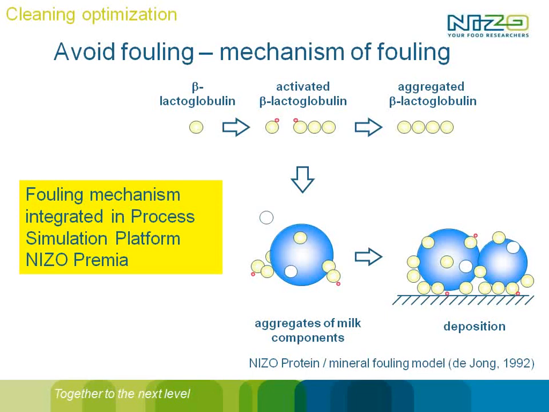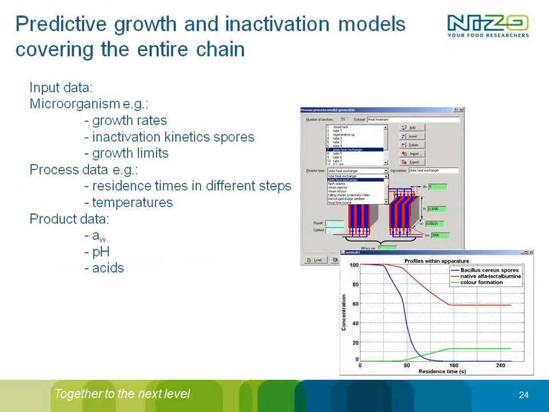We said, how fast is this activated beta-lactoglobulin created? How fast is it depositing or denaturing and aggregating? And if you use this model in combination with the process settings, you can look at what is happening within your process. This is implemented in our predictive model, or processing platform, called NISO-Premia.